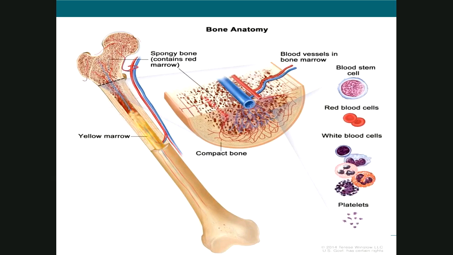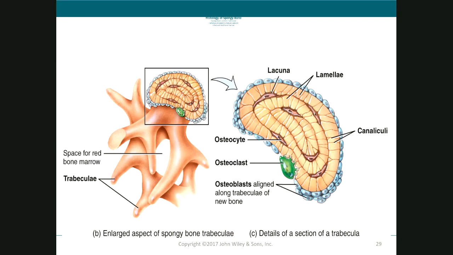So this is an example of spongy bone and how we produce the red blood cells which carry oxygen. White blood cells are important for our immune function, and platelets have the clotting factors. If we look at spongy bone, you can see it does not contain osteons, but it consists of laminae.